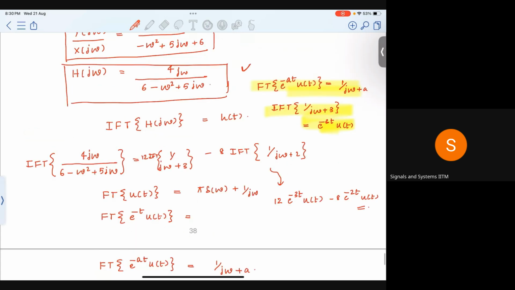When you have the differential equation and you're asked to find the impulse response in the time domain, it implies you have to find things in the Fourier transform domain and then find it in terms of the time domain representation. That is what it means.